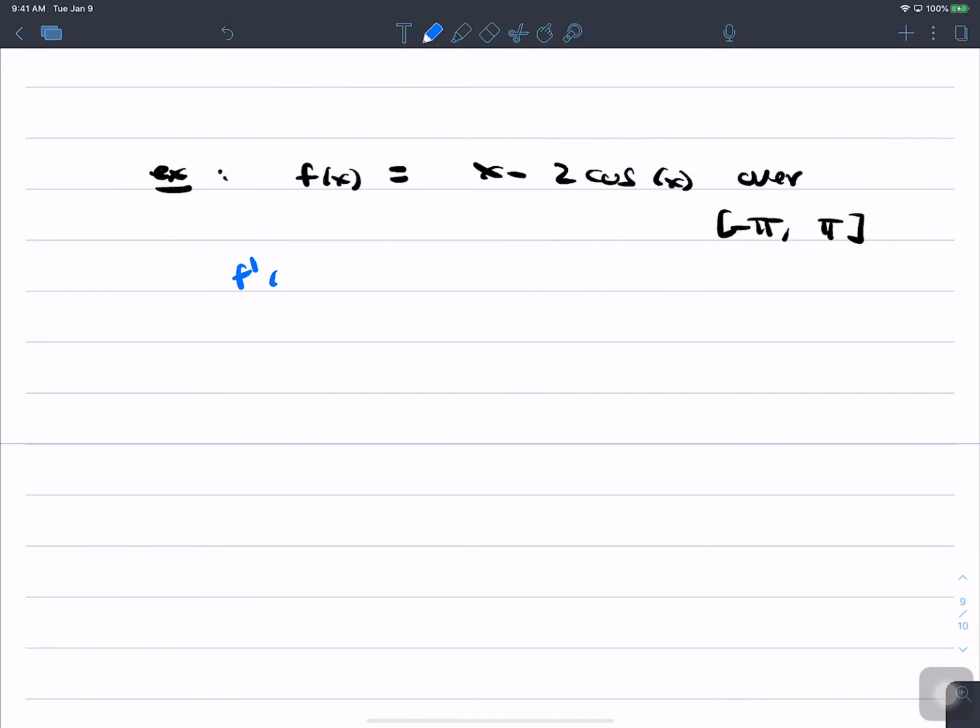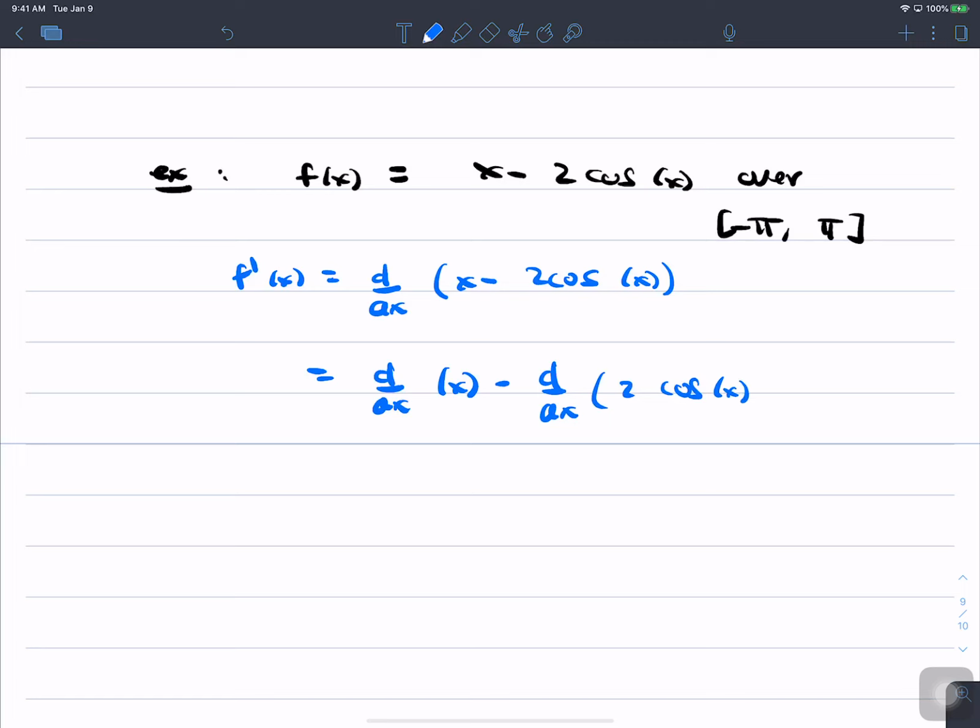Trig functions. Let's find the derivative here. We have to find those critical values, so let's differentiate and set this equal to 0. Let's use properties here, and I'm going to pull out my 2.